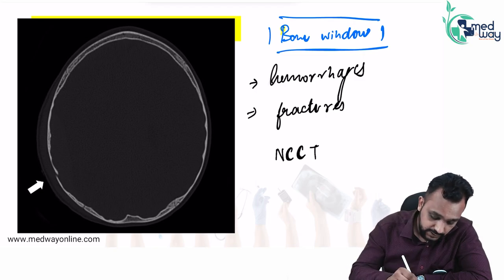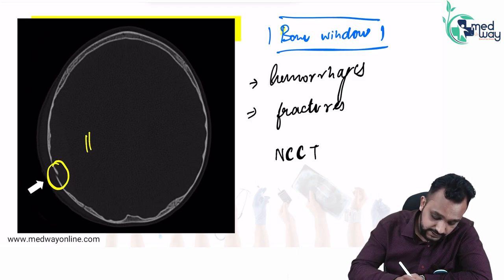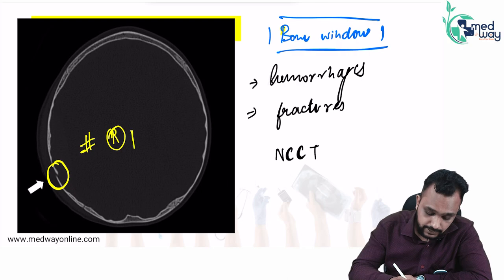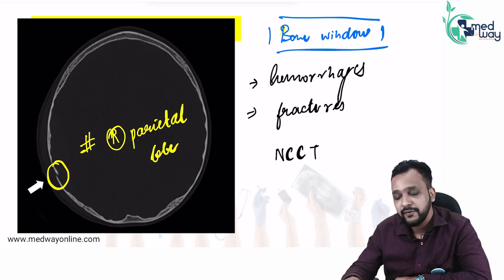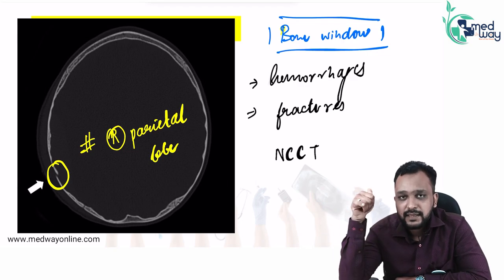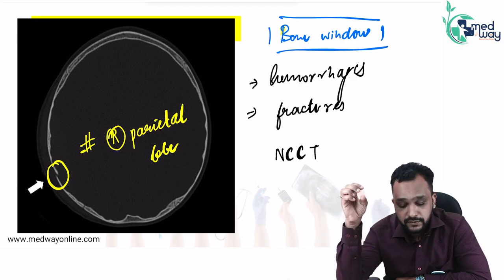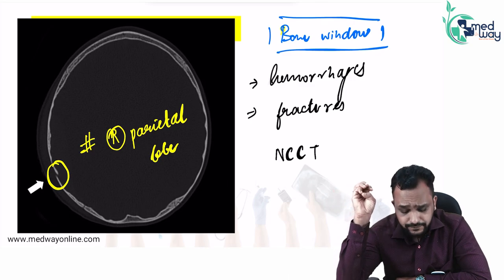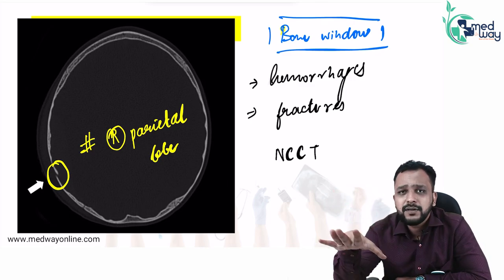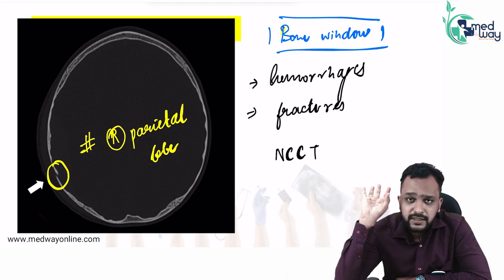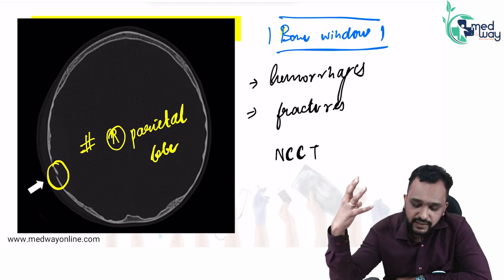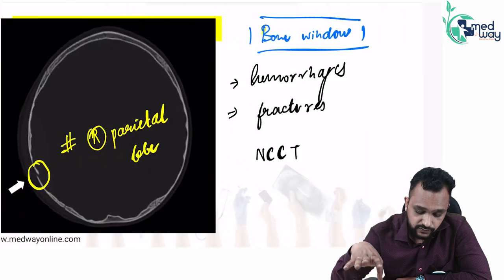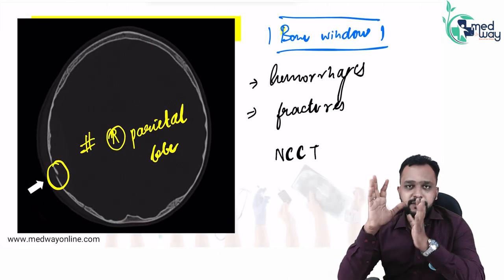Here in this patient we can see that there is a fracture involving the right parietal bone. So just remember this thumb rule, which I am going to repeat very repeatedly. If you have to look for any fractures, then again NCCT is the investigation of choice. If you have to look for any air within any part of the body, whether it is mediastinum, lungs, or abdomen, again non-contrast CT will be the investigation of choice, right? Thank you guys.